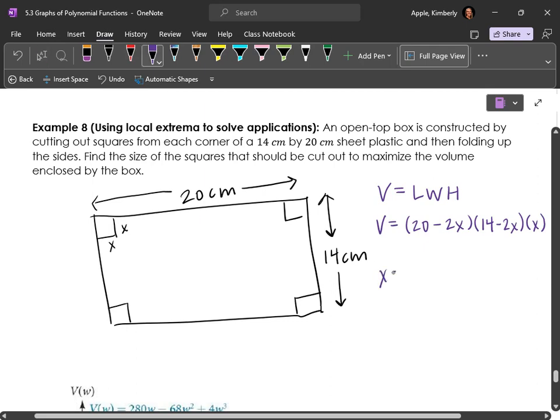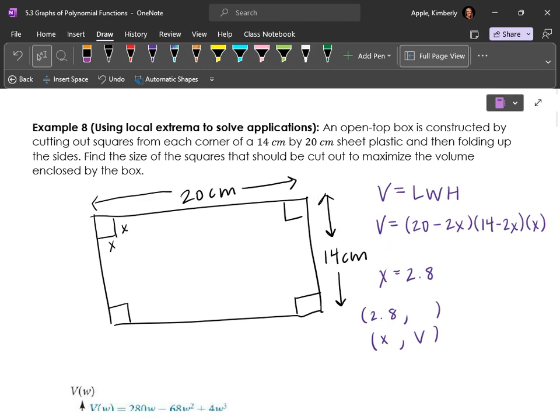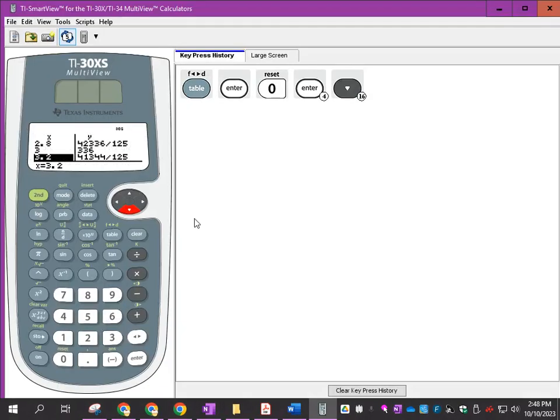And so x equals 2.8 approximately. And if we wanted to write that in terms of the x versus the volume, we would just go back over to our calculator and get the output. I'll hit my toggle button. That's 330.8.